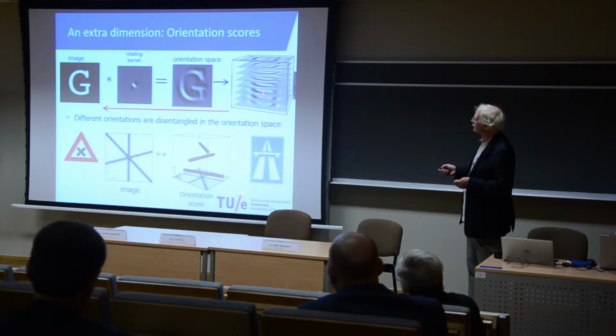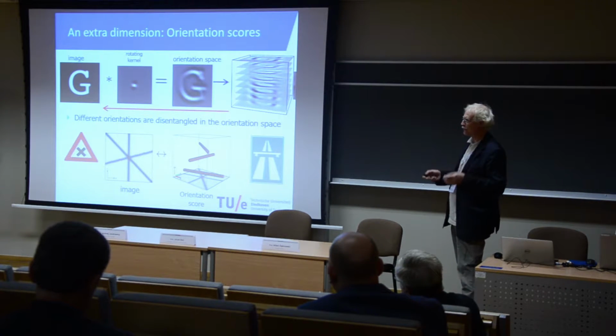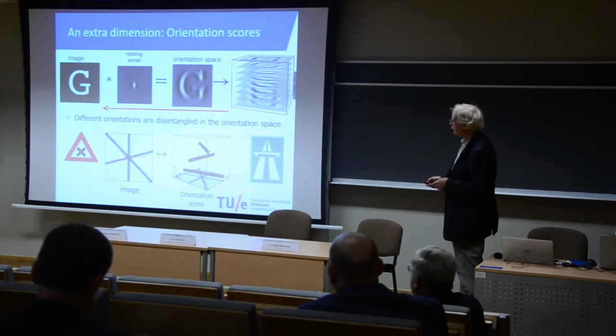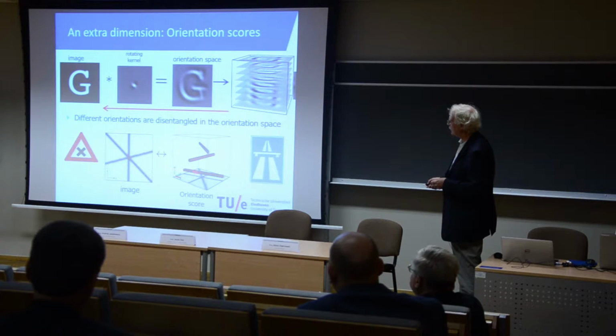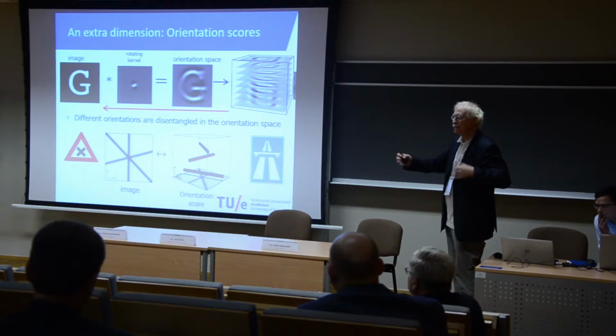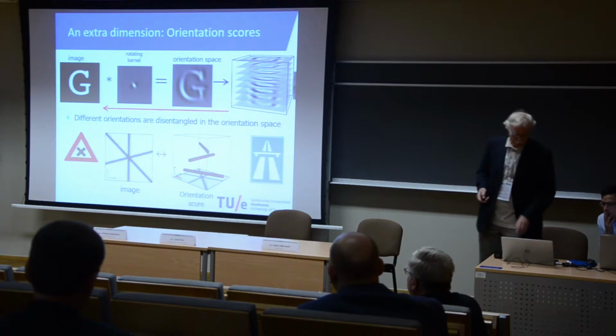What is so nice here is that in one pixel, you have x, y, and theta. In one pixel, you can represent multiple orientations. It was never clear what to do with multiple orientations, but now we have separated them because it's all in different fields. So we have expanded our orientation space.